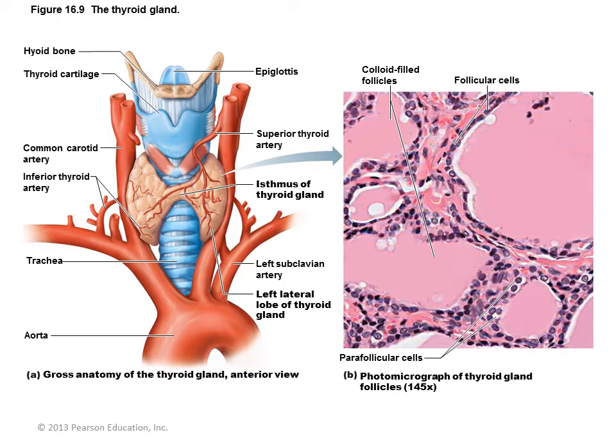Parafollicular cells, also called C cells, produce the hormone calcitonin, which is antagonistic to PTH, which increases calcium concentration in the blood.